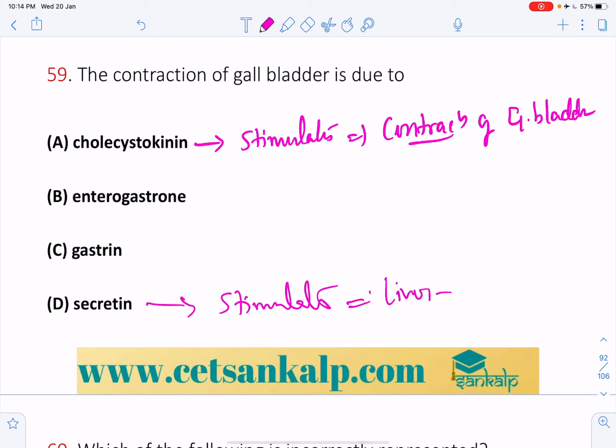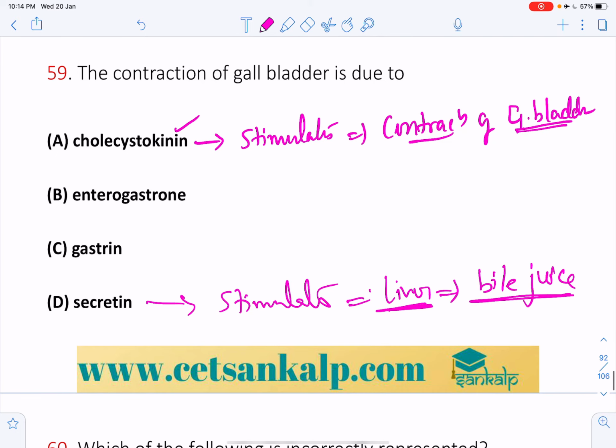Don't get confused with this. Bile juice is produced by the liver, which will be stored in the gallbladder, hence it is released. The production of bile juice in the liver is increased by the action of secretin. And gastrin mainly helps in the production of gastric juice by the stomach, right?